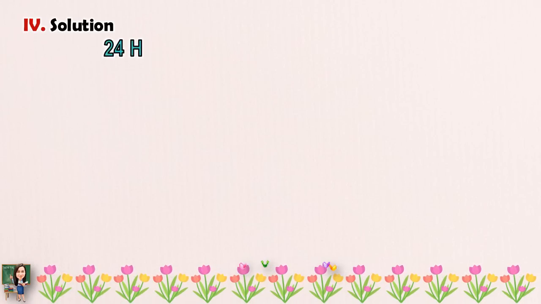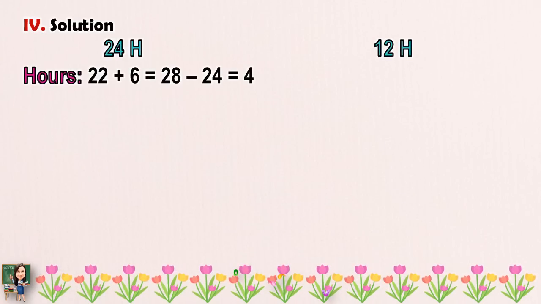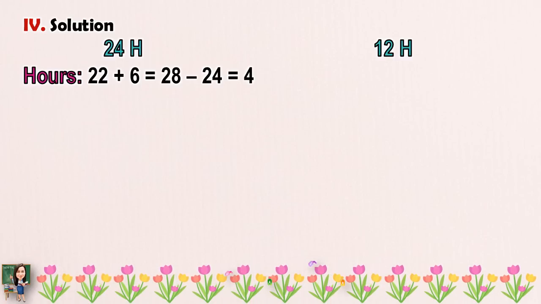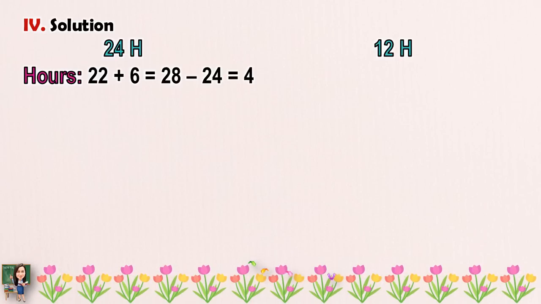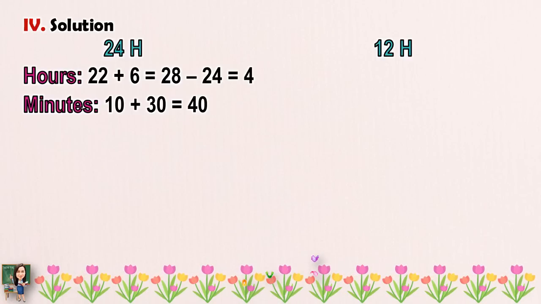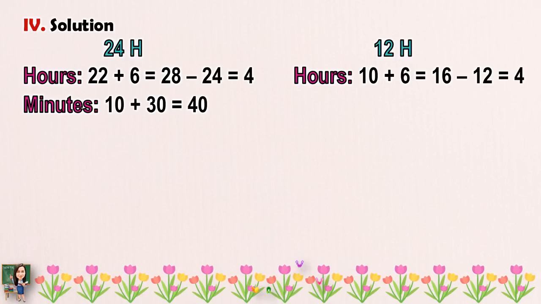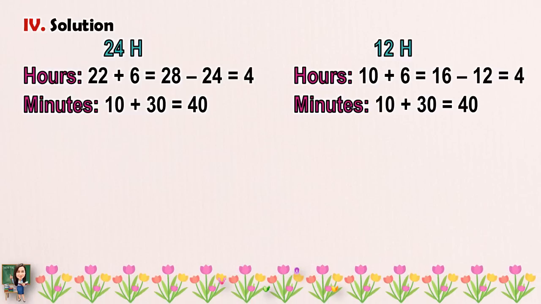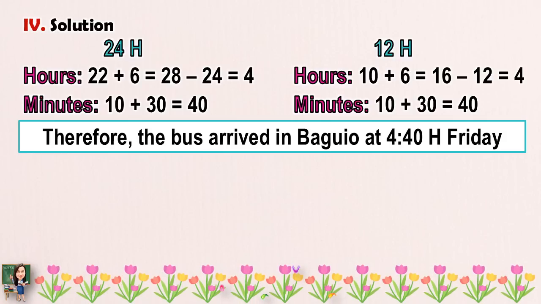So in 24-hour and 12-hour: in 24-hour, the hours is 22 plus 6 equals 28 minus 24 equals 4. The minutes is 10 plus 30 equals 40. In 12-hour, the hours is 10 plus 6 equals 16 minus 12 equals 4. Minutes, 10 plus 30 equals 40. Therefore, the bus arrived in Baguio at 0440 hours Friday.